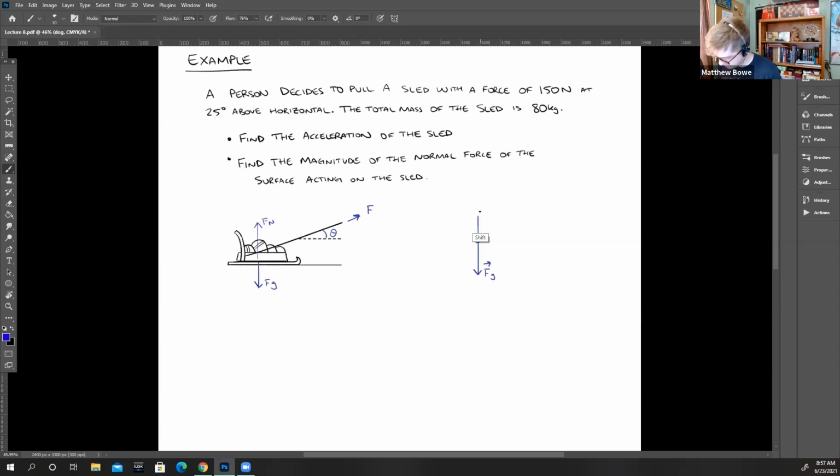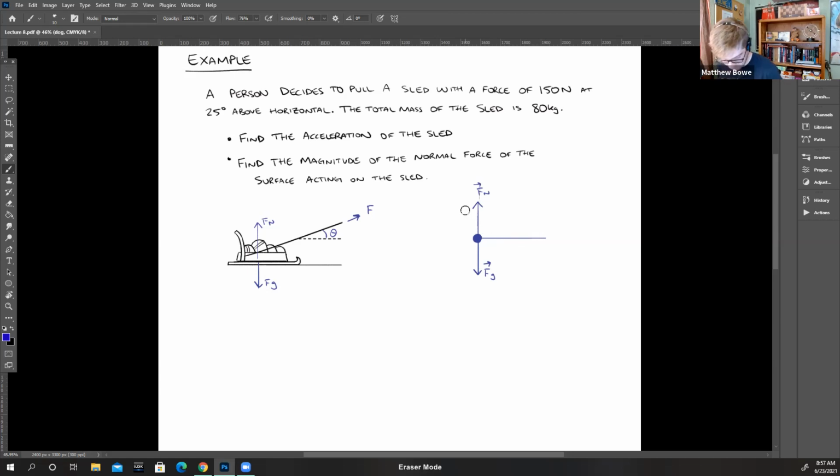We have the normal force going upward, since it's contacting the surface. There is a force being pulled at an angle above the horizontal. So let's add the horizontal in here.